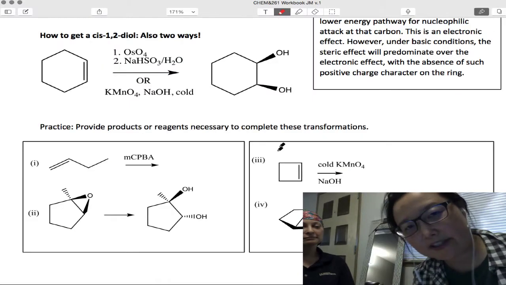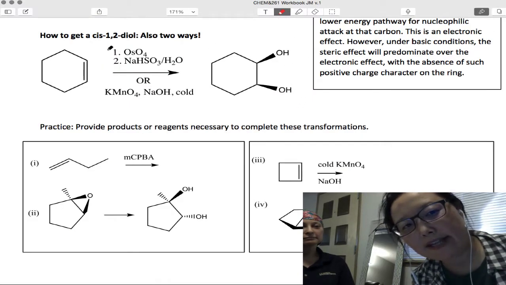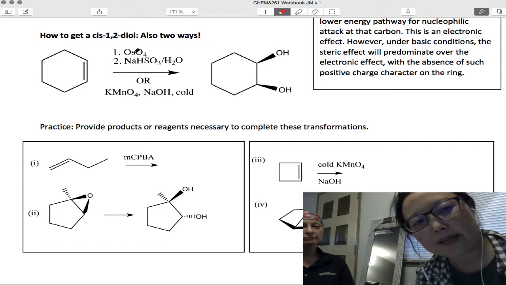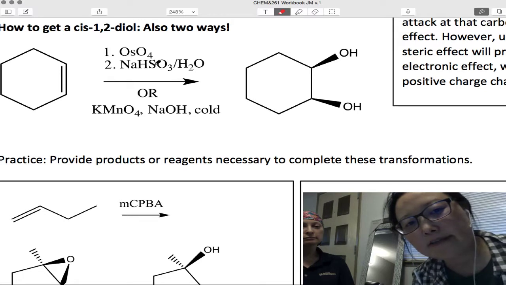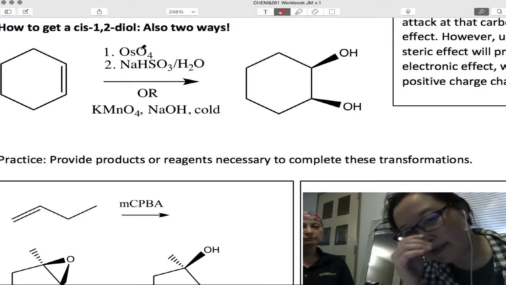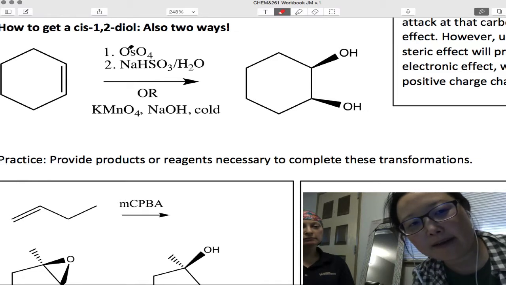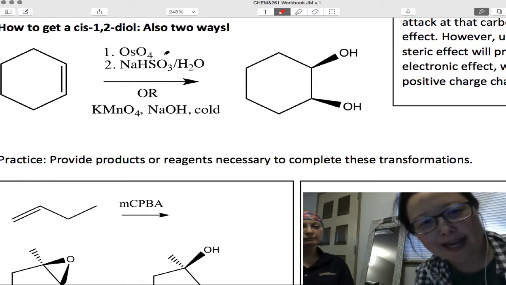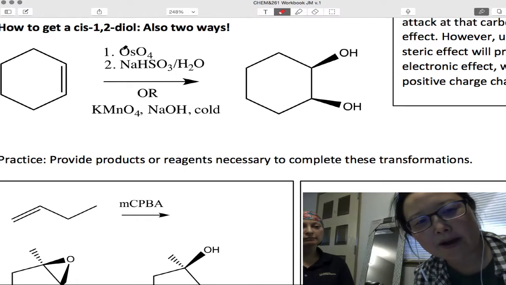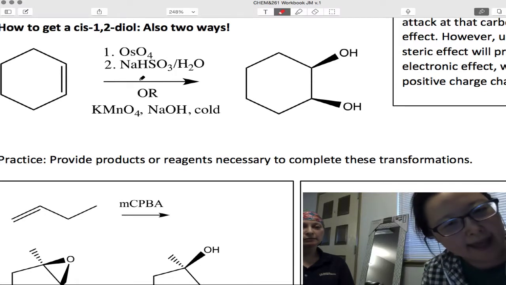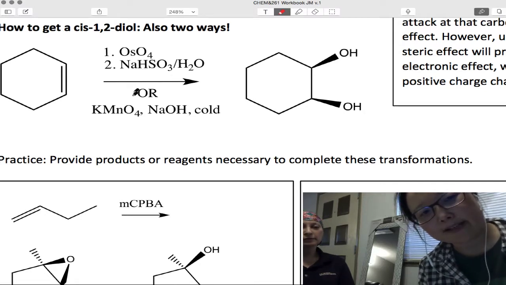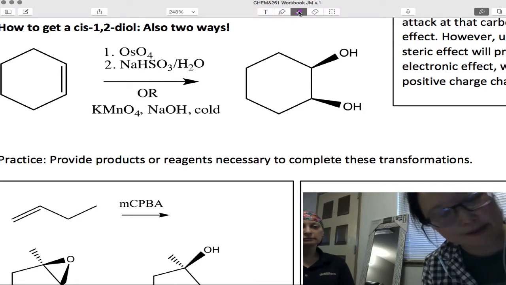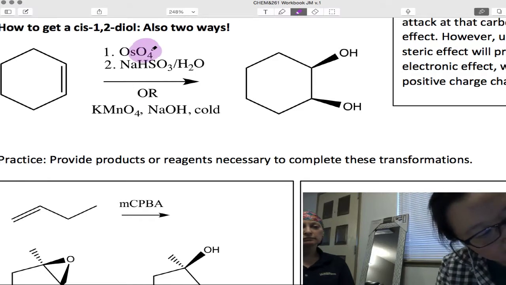Now another reaction that does a dihydroxylation is osmium tetraoxide followed by a sodium hydrogen sulfite in water mixture to reduce the osmium. So osmium is not very common other than in this reaction. So just make note, OsO4, and another way to do this is with KMnO4, and you can see the similarity between osmium and this reagent and this reagent.